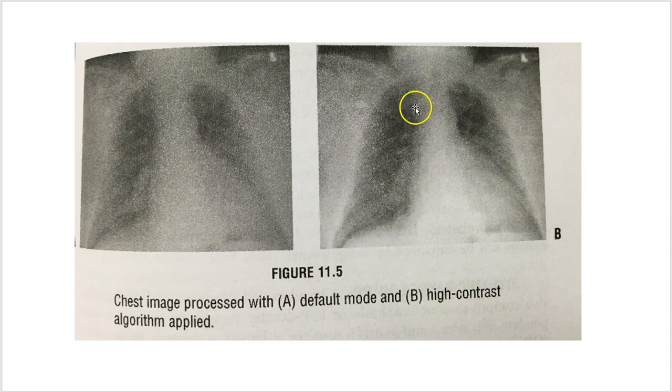This is a picture from a book in a PowerPoint on a video screencast. If this was in our PAC system, this would really pop out at you. But in our PAC system, I couldn't show you the before image because they don't come to PACS like that. Remember, this is all post-processing done by the CR or DR unit before it gets sent to PACS. So, contrast enhancement. It enhances the contrast.